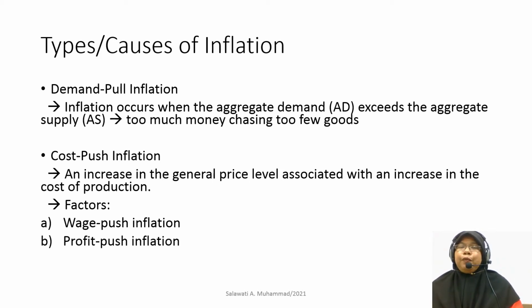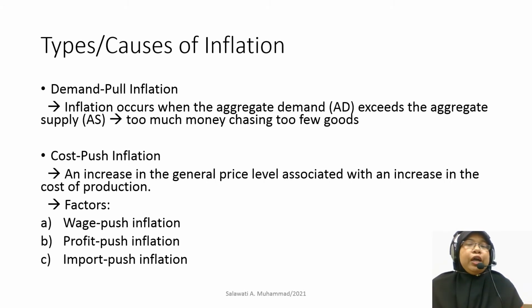The second is profit push inflation. This occurs when certain producers or monopolists stock up on goods and create an artificial shortage, which will increase the price of these goods, thereby giving them higher profit. And the last one, we call it import push inflation. So this occurs when the prices of imported raw materials or finished goods increase. This may be due to the fluctuation of the foreign exchange rate.